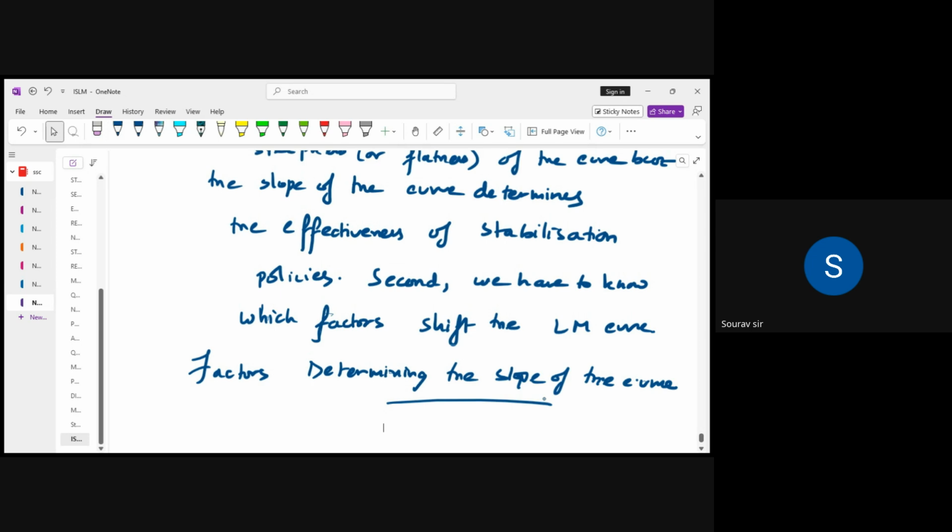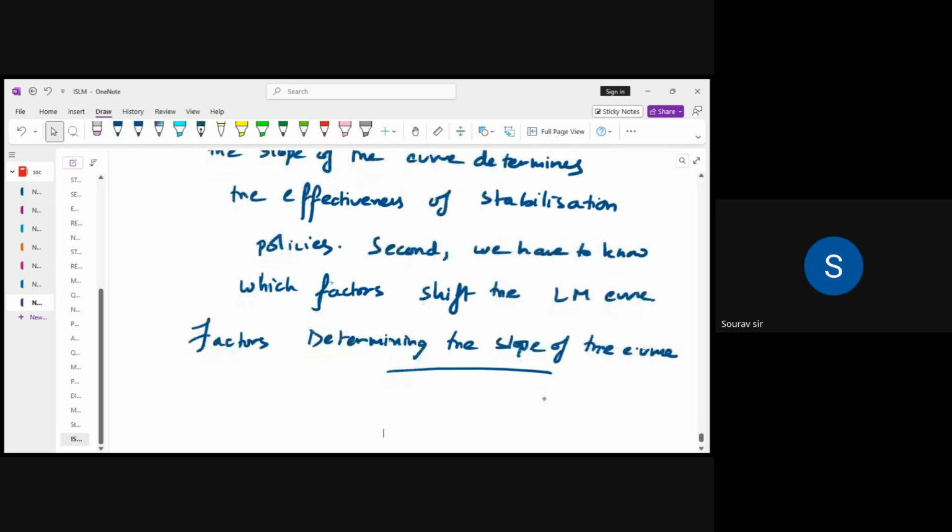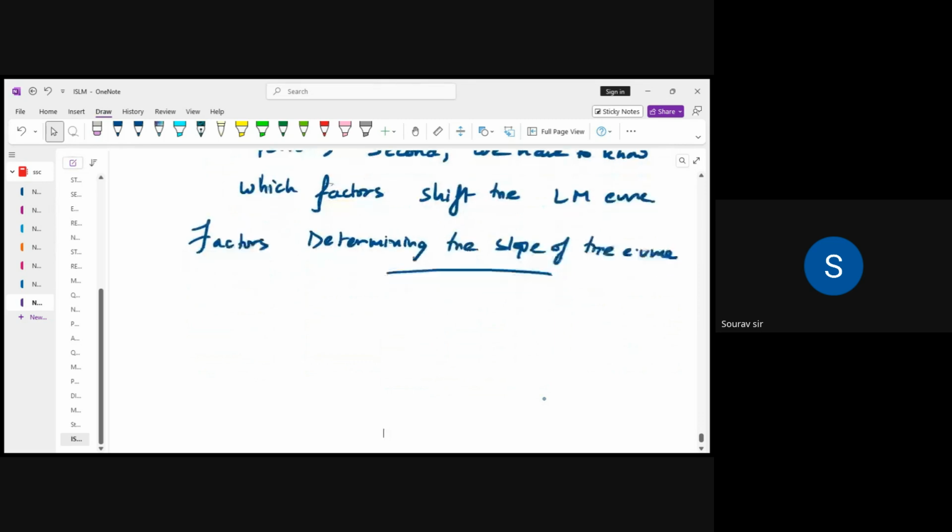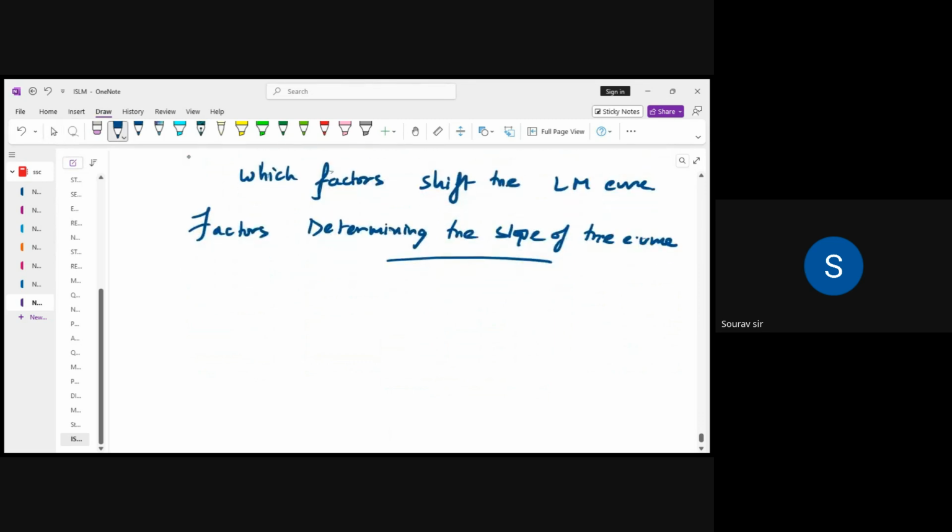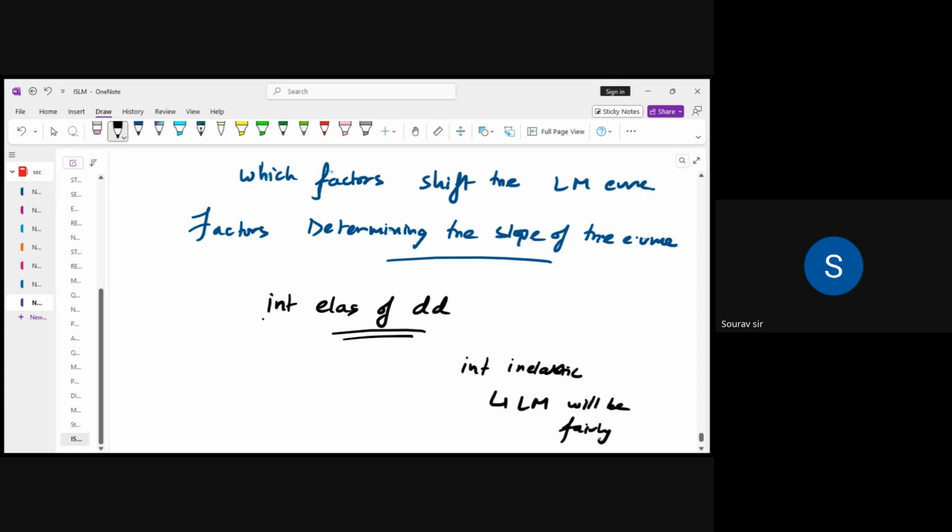So the steepness or flatness of the LM curve depends on what? On the interest elasticity of demand. Now if the demand for money is interest inelastic, then the LM curve will be fairly steep.